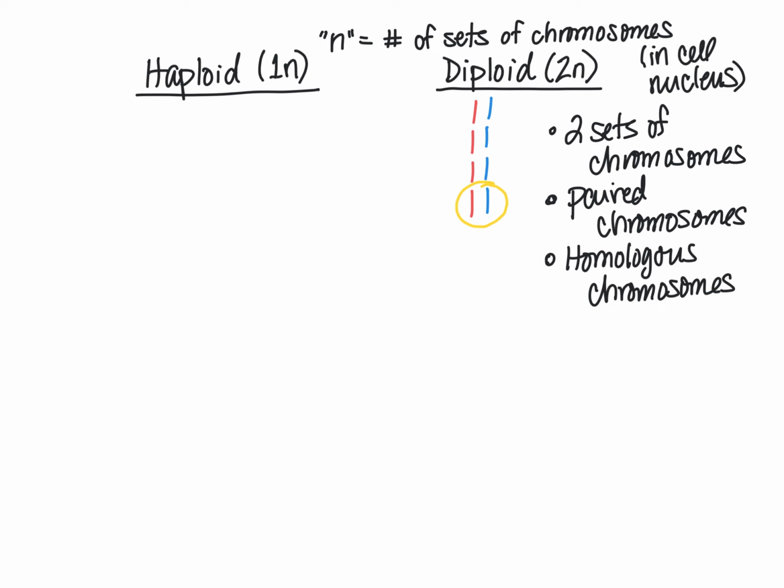And the reason why we have these homologous chromosomes is because of sexual reproduction. So in a diploid organism, one set of chromosomes comes from the male gamete, which would be something like the sperm.